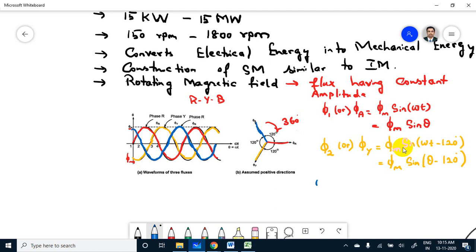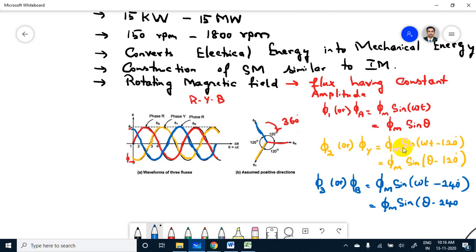So phi 3, or we can write phi b, equal to phi m sine of omega t minus 240 degrees. Therefore phi m sine of theta minus 240 degrees.